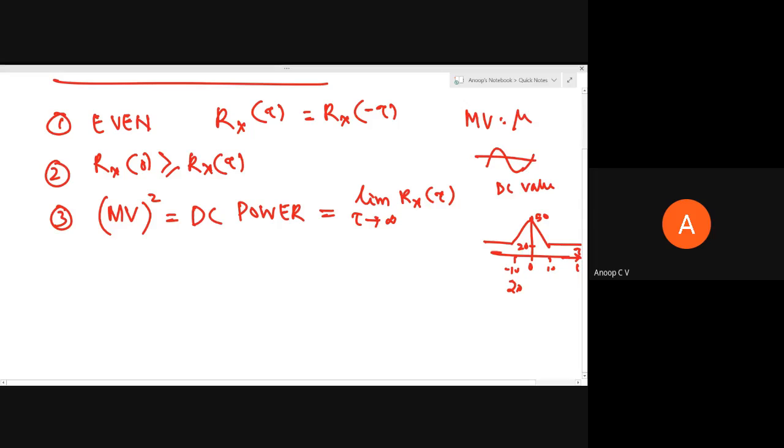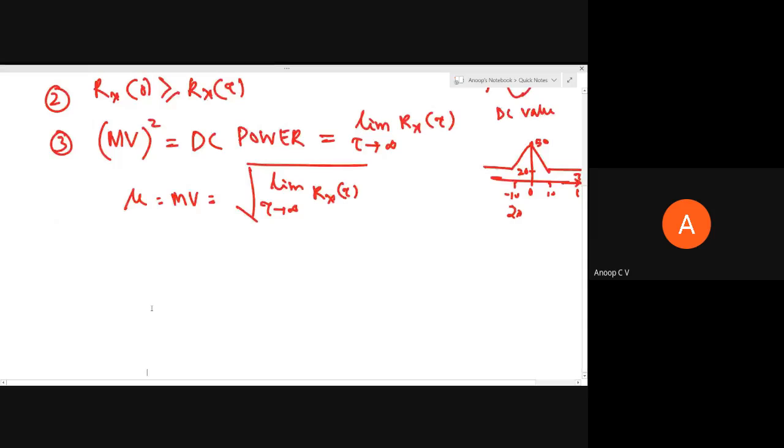The value of the autocorrelation function at tau equal to infinity will be the DC power, that is the mean value square. So the mean value mu will be the square root of the limit as tau tends to infinity of Rx of tau. This again is a very important result which will be helpful in solving problems, so please do keep this in mind.